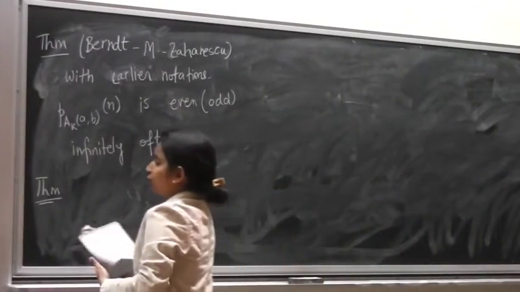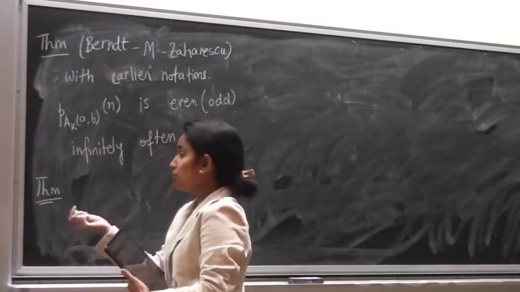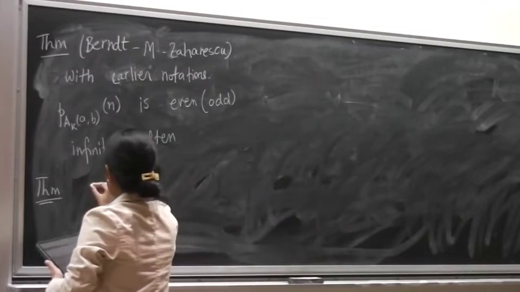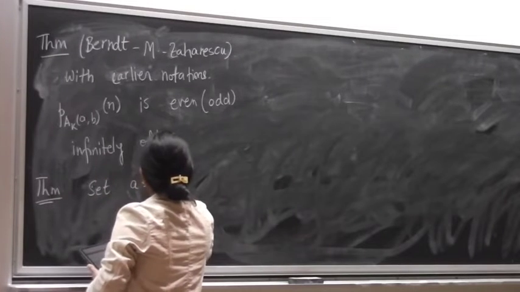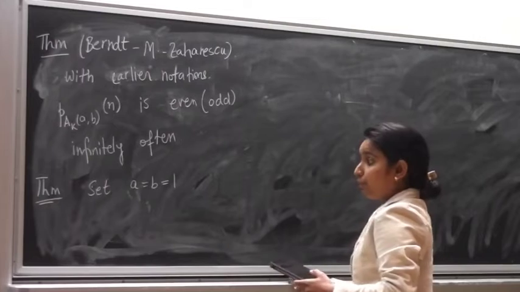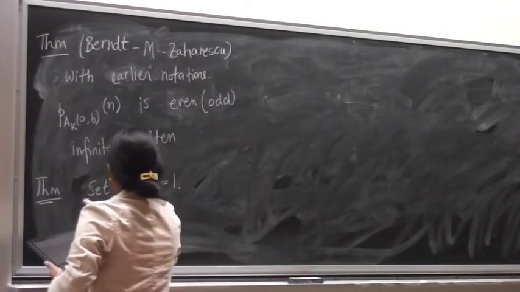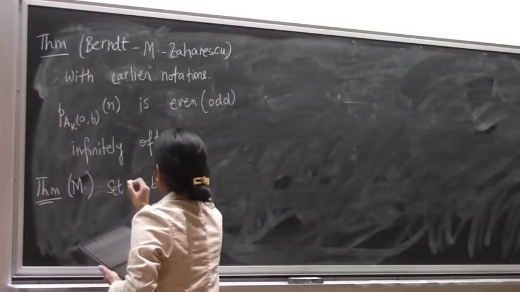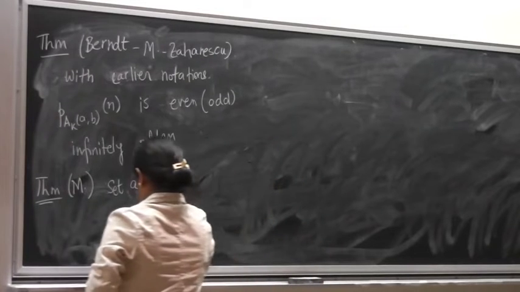So if you drop the condition that you are in a congruence and you just consider the parts which are kth powers, so in this case I am setting A and B to be equal to 1, so I am only looking at partitions with parts into kth powers. In that case, we are able to get quantitative results for this partition.